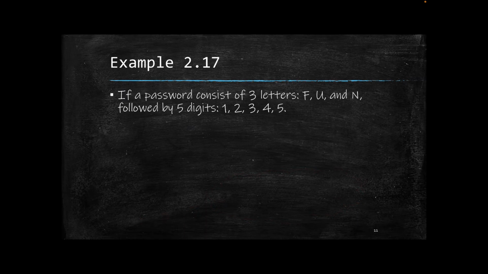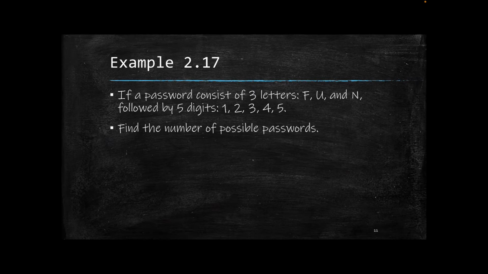Next example, we have a password that consists of 3 letters F, U and N followed by 5 digits 1, 2, 3, 4 and 5. So, how many ways can you arrange possible passwords?